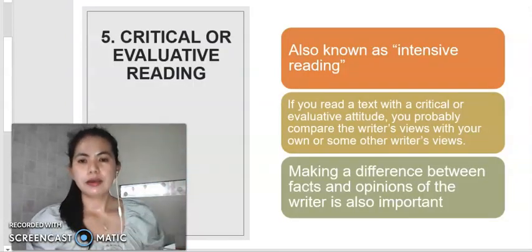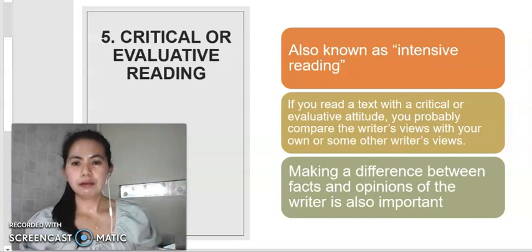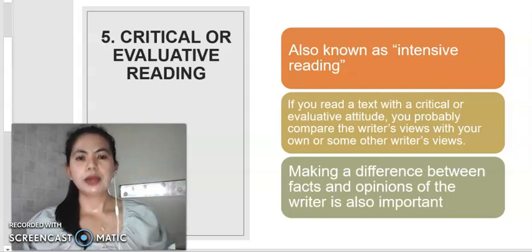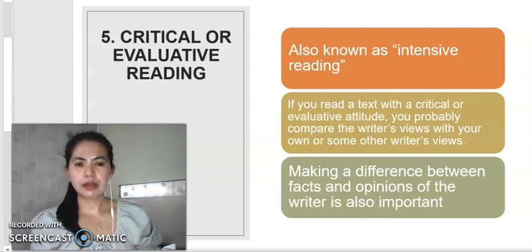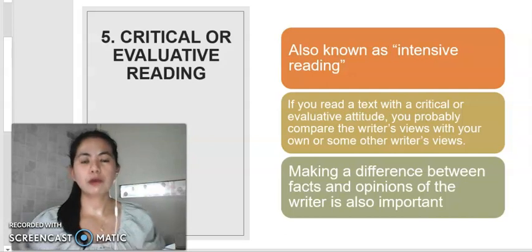Number five is critical or evaluative reading. It is also known as intensive reading. If you read a text with a critical or evaluative attitude, you probably compare the writer's views with your own or some other writer's views. Making a difference between facts and opinions of the writer is also important.